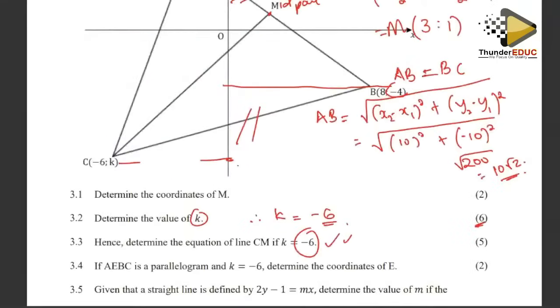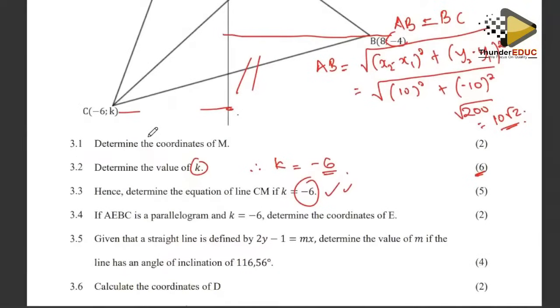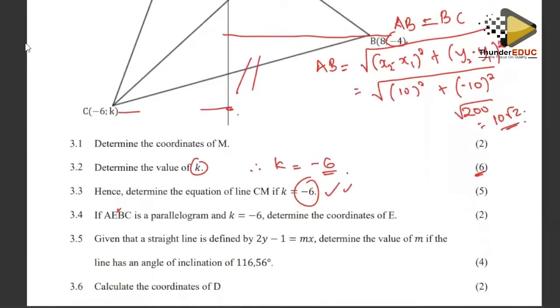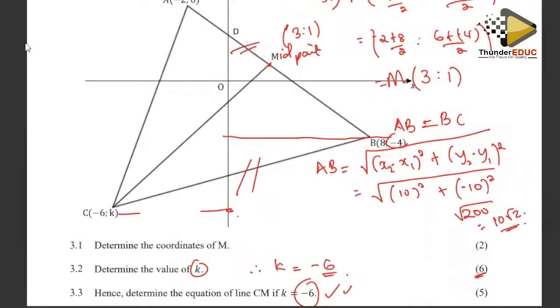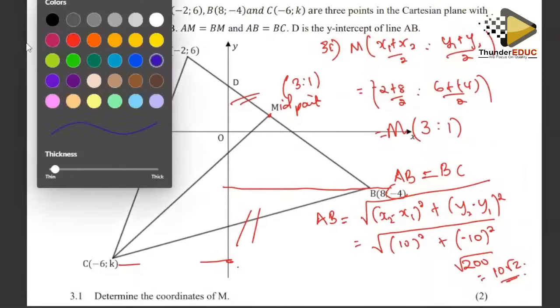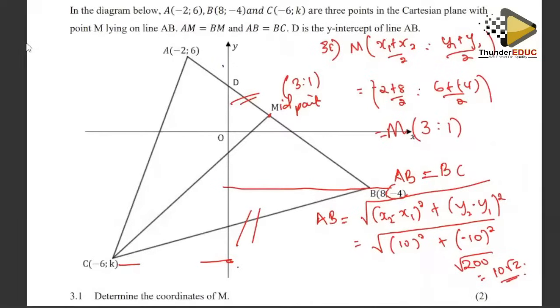All right, we move on. If AEBC is a parallelogram, meaning, before I even finish the question, trying to look for point E, I'll just locate it to be somewhere there.